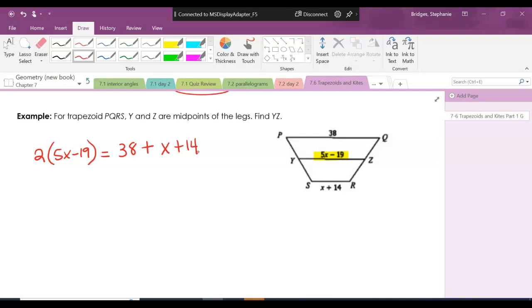Finish solving your equation that we just set up. Solve for X. And then once you have X, you're going to plug it back in to find the length of YZ.